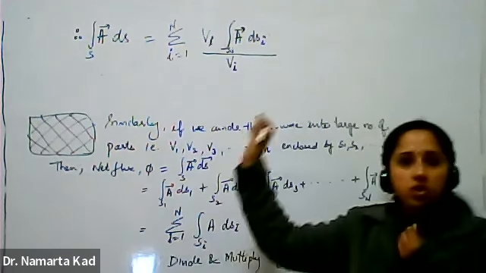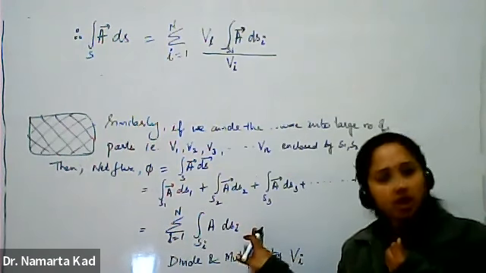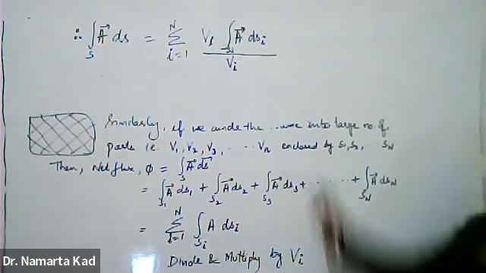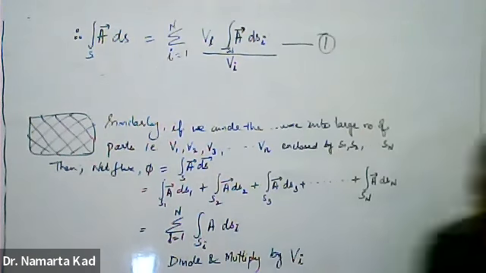Okay, we divide and multiply this term by Vi. Just mark this as equation number 1.